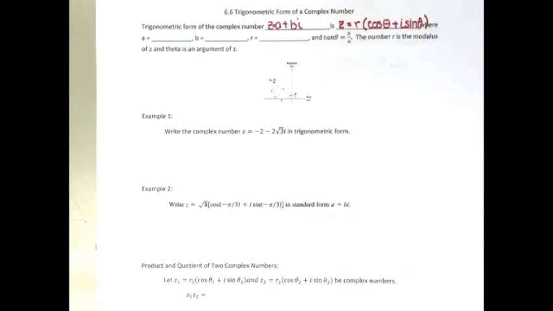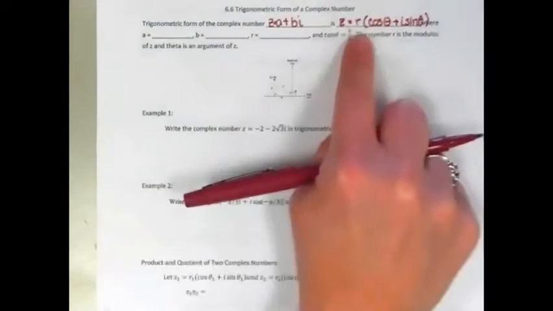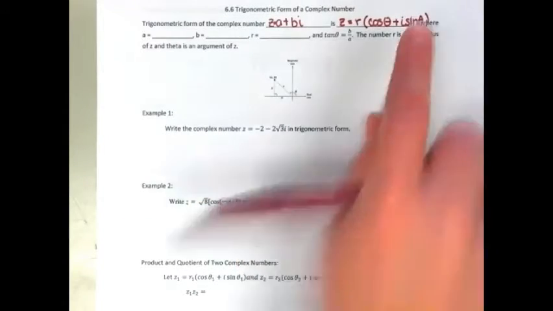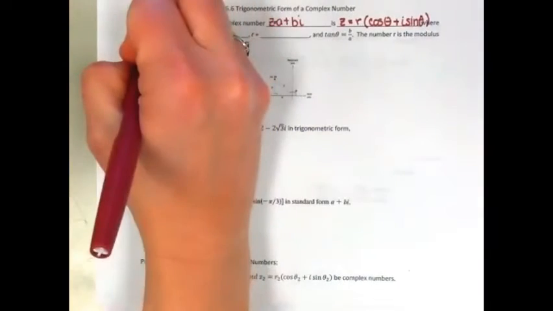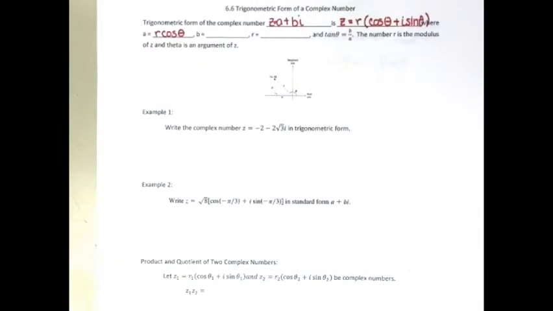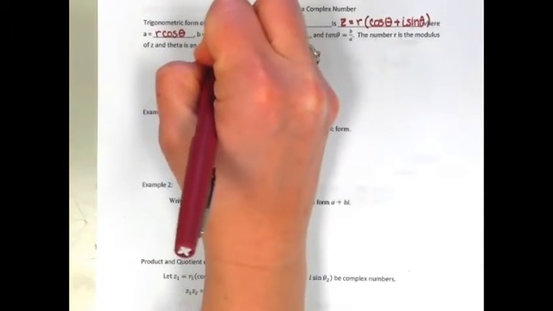Which should make sense, because isn't the cosine the x coordinate and the sine the y coordinate? So a was our x at our point, cosine is the x, and bi is the sine i. Where a equals r times the cosine of theta, and b is r times the sine of theta.